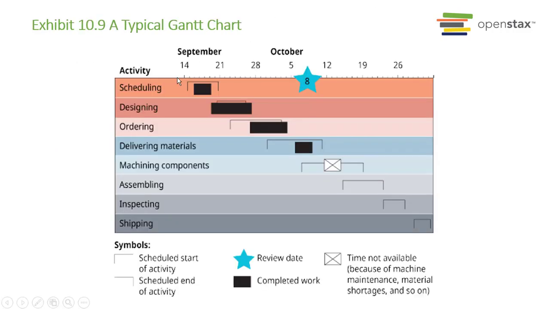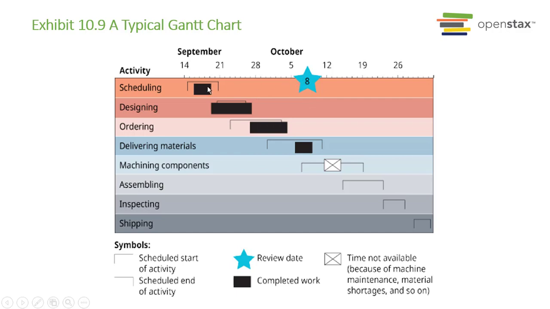Let's see. So Gantt chart, that's it. Here we go. Scheduling, designing. I can't remember what this example is, but sometimes they use the example of building a house, etc. But basically, if you look at the dates at the very top, scheduling must be happening between these two timelines, right? And the completed work is those rectangles here. The review date, there it is, right there. There's going to be only one.